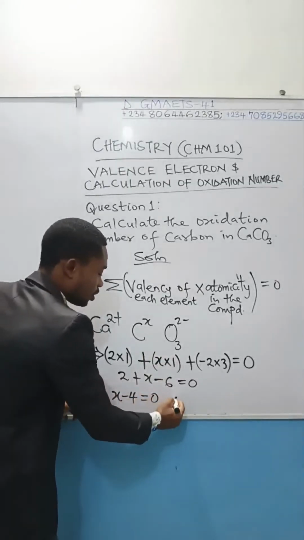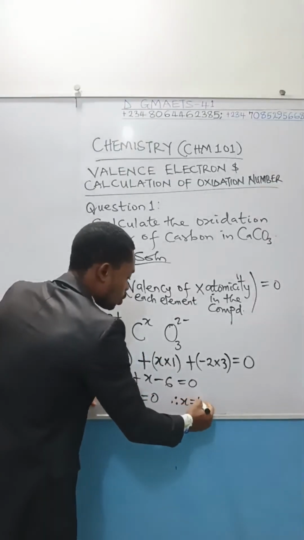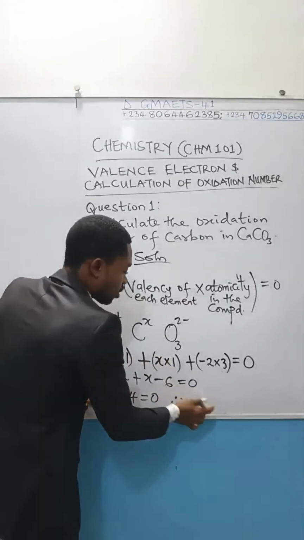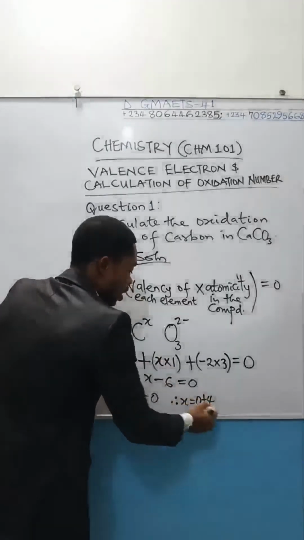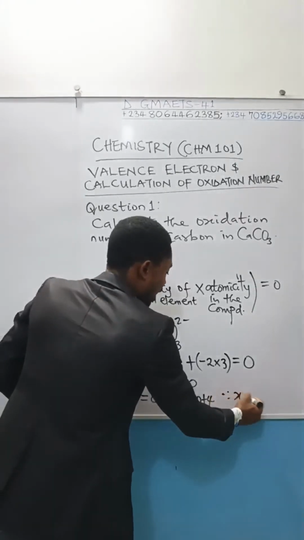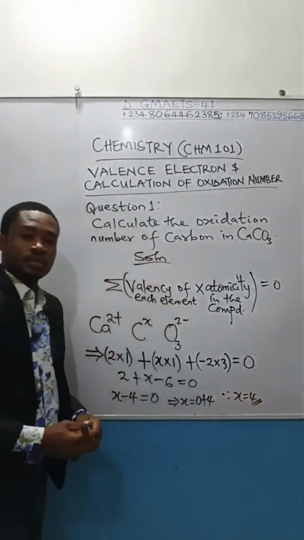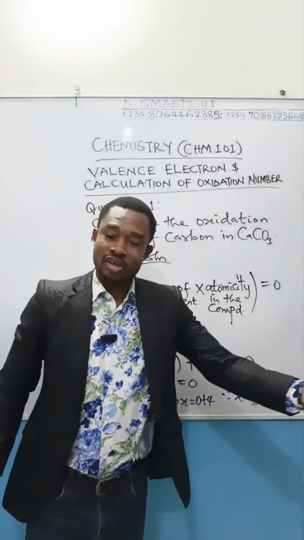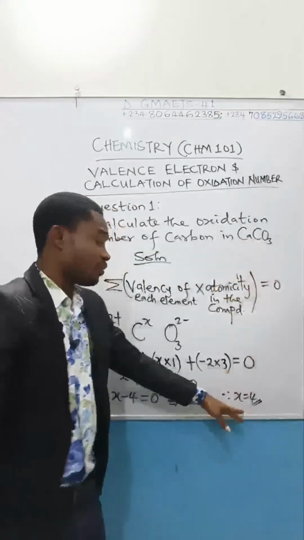Equate it to 0. Therefore, X is equal to what? 4, because this -4 will cross. If it crosses, you have 0 plus 4. It implies that X is equal to 4. So look at this X here, the oxidation number, the valency per se of carbon in this compound, is 4.